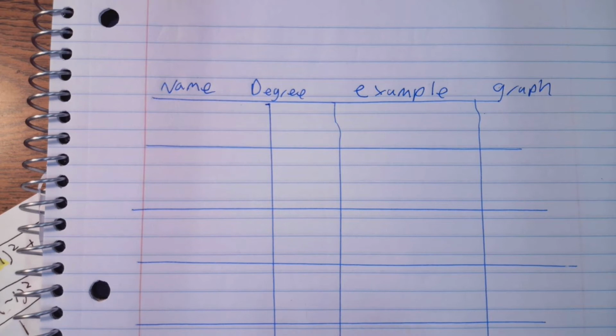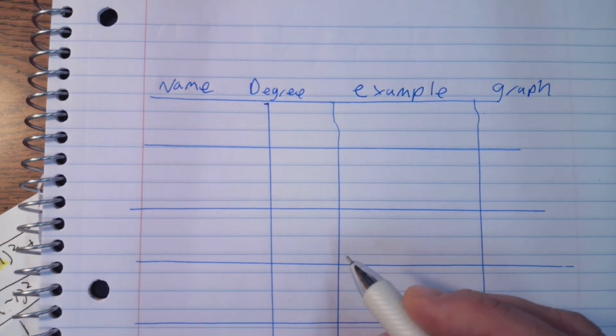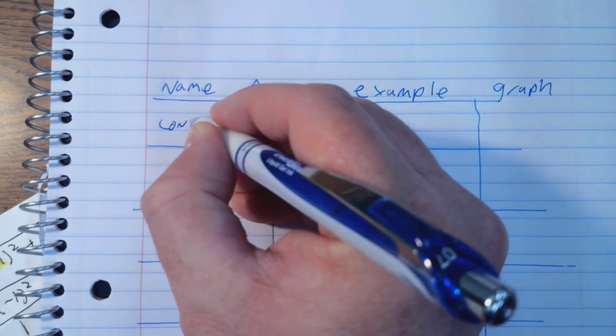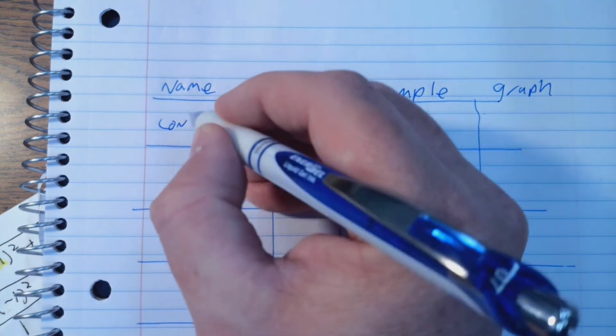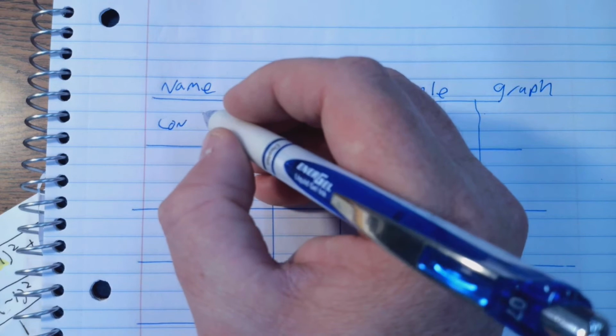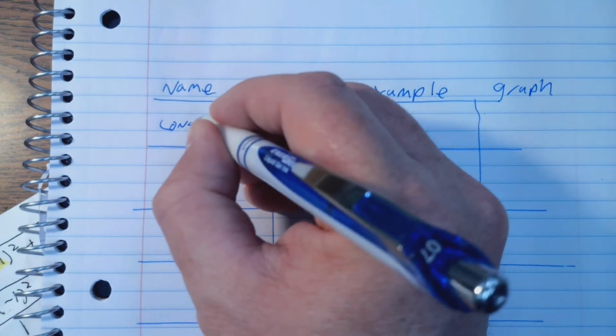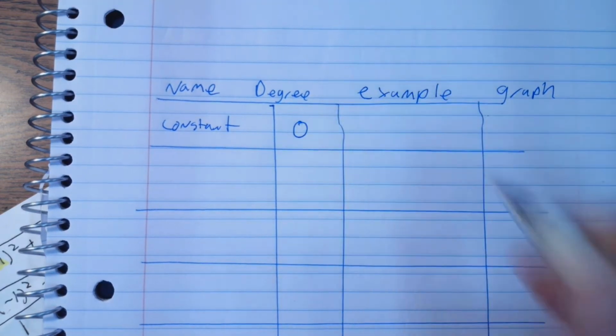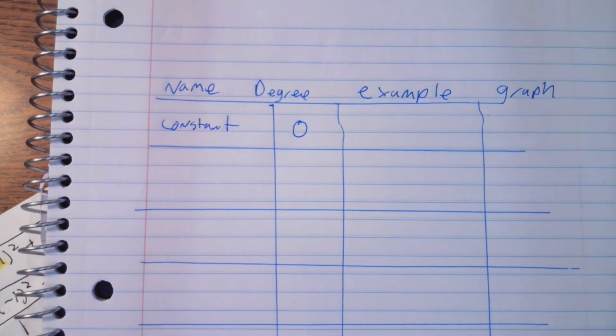Okay, the first name that we are going to do here is constant. Okay, the degree is 0, and I need to define degree for you.